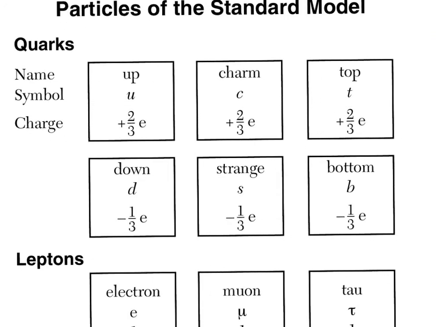There's a little bit more to it than that, but to keep things simple, if we look at the up, an anti-up would have a bar on top to signify that it's an anti-up. So there would be a little bar over top of the U, and the sign of the charge would change to a negative.